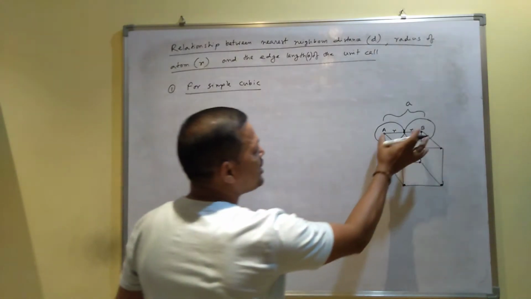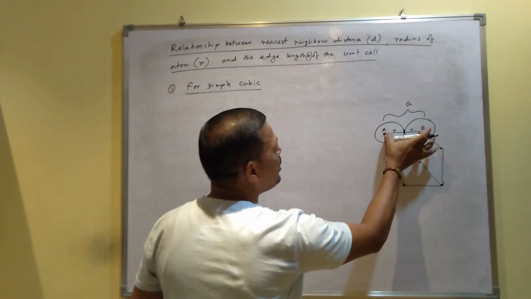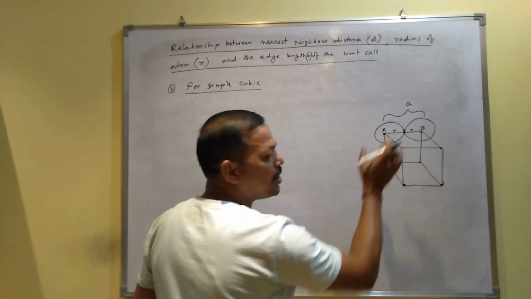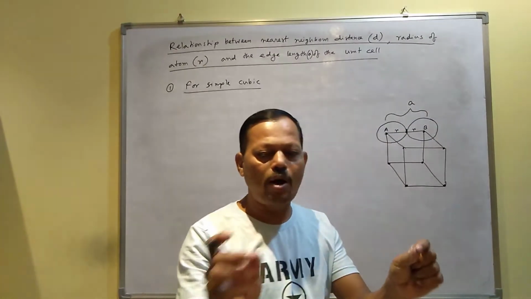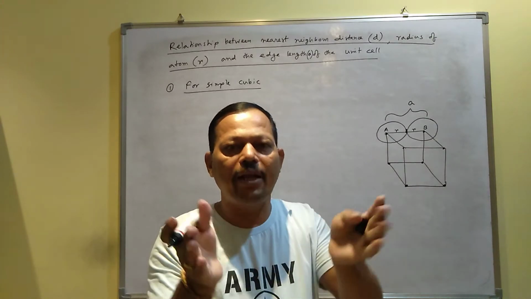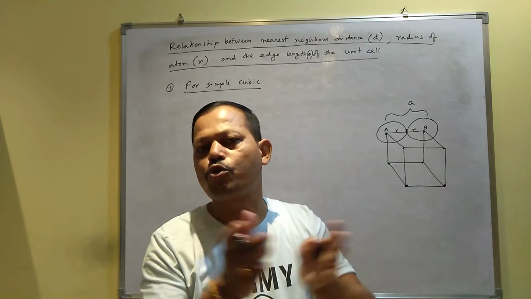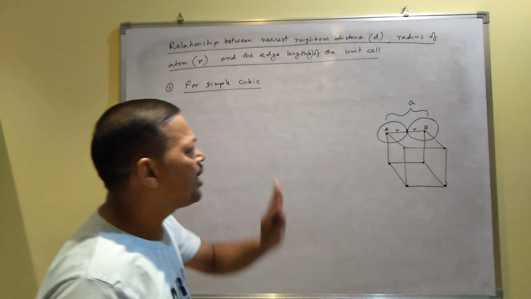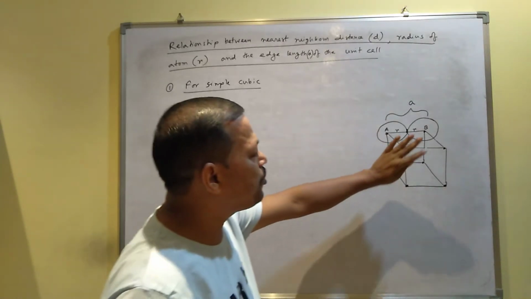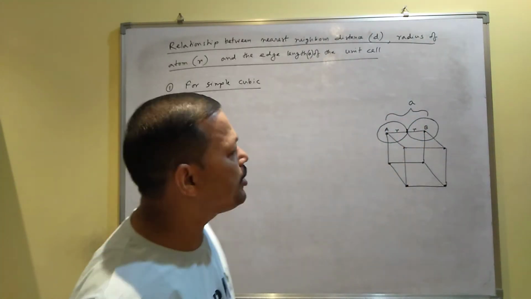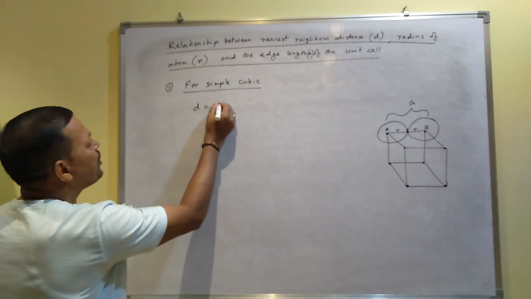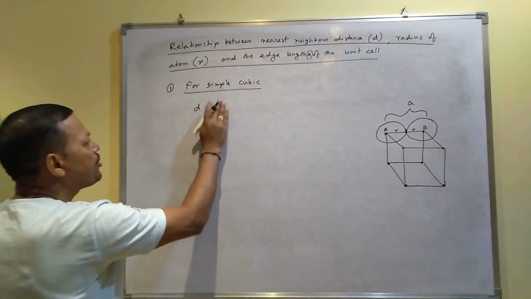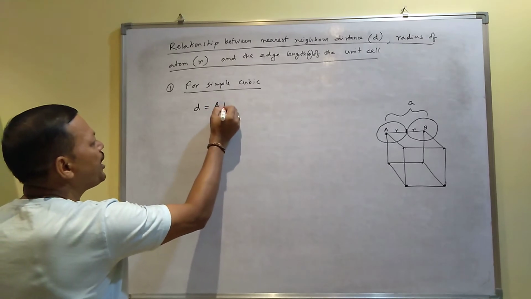Now this is a, and this is also the nearest neighbor distance d, because the particles are present only at the corners, and the distance from one corner particle to another should be the nearest neighbor distance. That is why it is very easy to find the relation for simple cubic. You can write the nearest neighbor distance d is equal to AB according to the diagram.